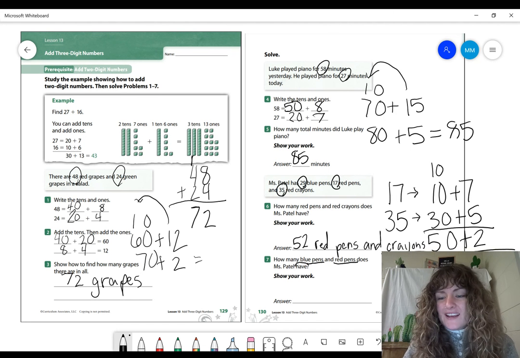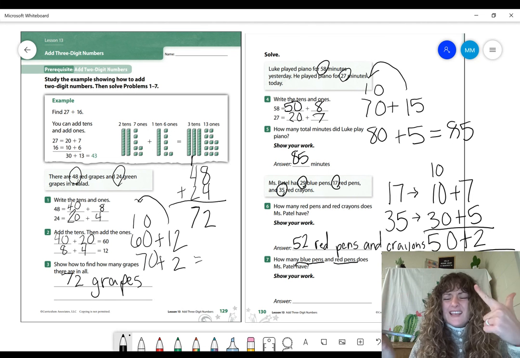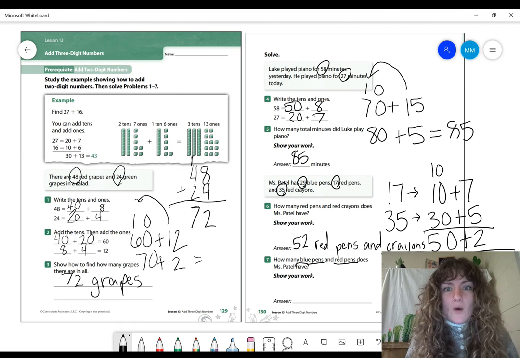All right. Now I'm going to add my ones first. So 9 plus 7, 9, 10, 11, 12, 13, 14, 15, 16. Can I have a group of 10 in the ones place? No, but in 16, how many ones are there? There are 6 ones, and that 10 is going to move up with the tens place.